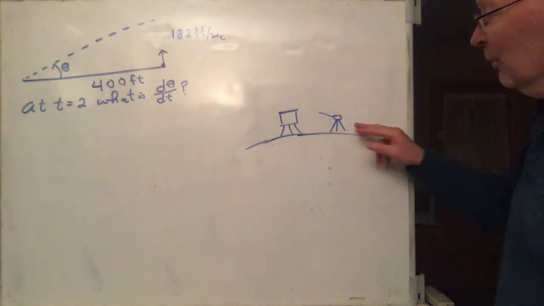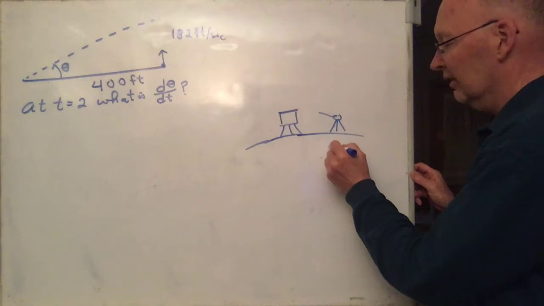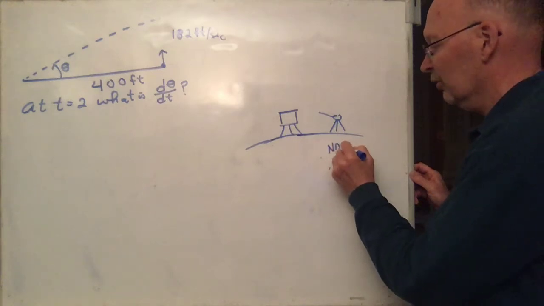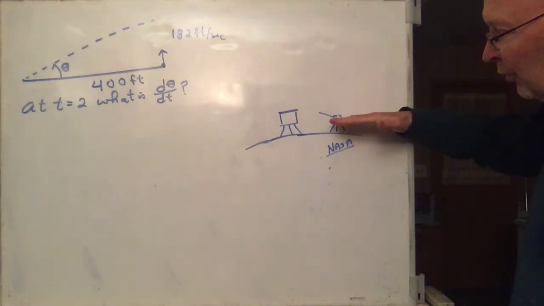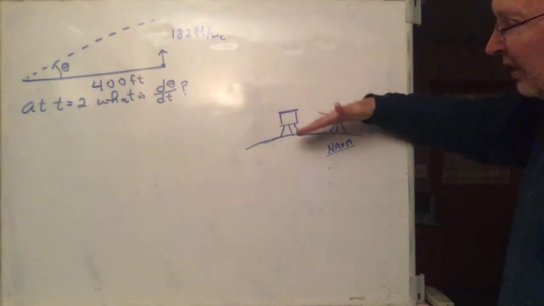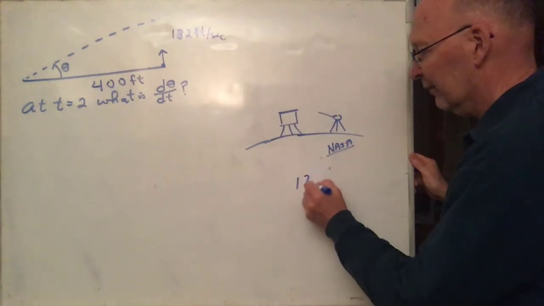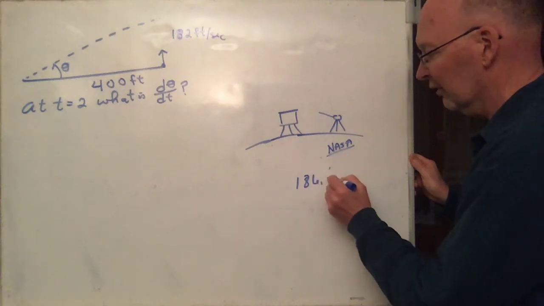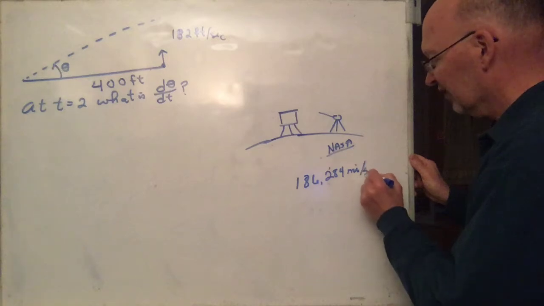And of course, this camera was being operated by someone at the Houston NASA headquarters in Houston, I guess it was. And so this person had to operate the camera so that it kept the lunar module in sight as it took off. And here's the problem. Light travels at roughly 186,000, actually 284 miles per second.